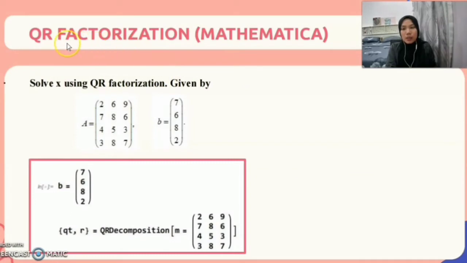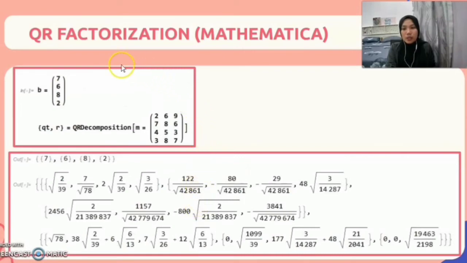Next, by using QR factorization in Mathematica, we need to solve x using QR factorization given by matrix A and vector B. So for QR factorization in Mathematica, the first one we need to input is a vector B, and after that QT, which is Q transpose, R, equal to QR decomposition of matrix A, which is we write here M equal to matrix A based on the question.